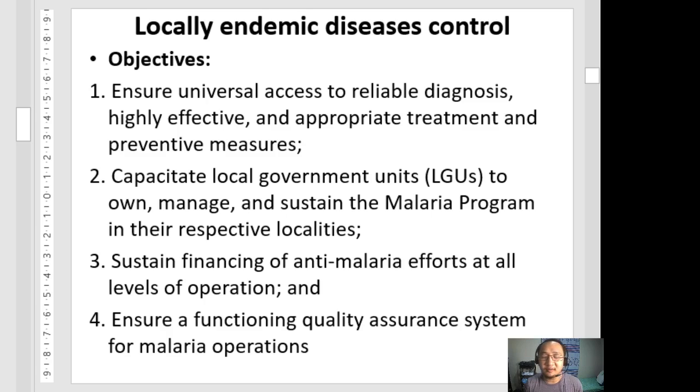Then letter E, environmental sanitation or environmental cleanup. You are going to clean, destroy possible breeding places of the mosquitoes, except obviously if the breeding places are forest, you don't have to destroy the trees. If the river is the breeding place, you don't have to do it also. So just look for another means to do it.